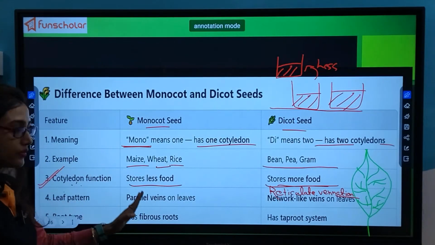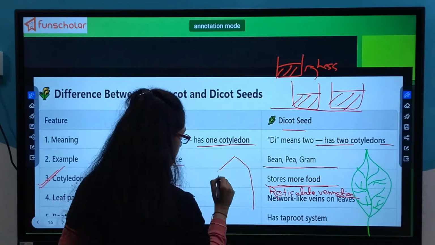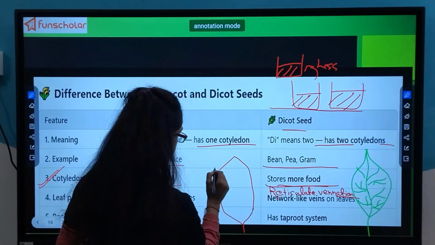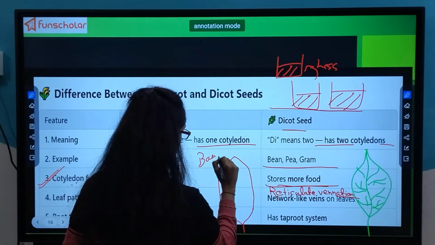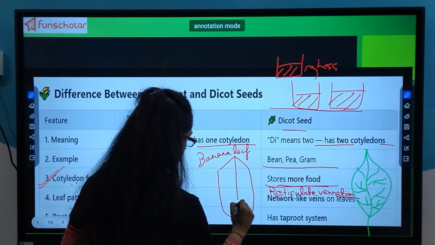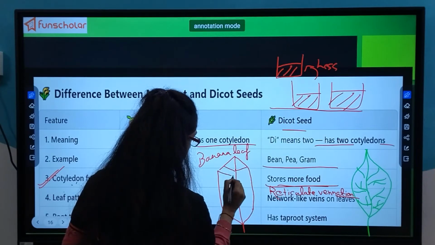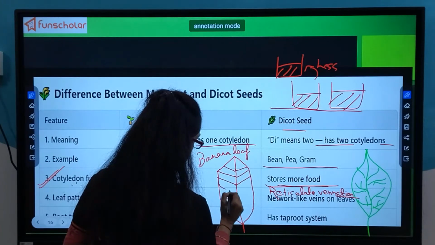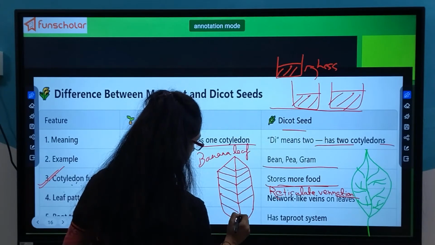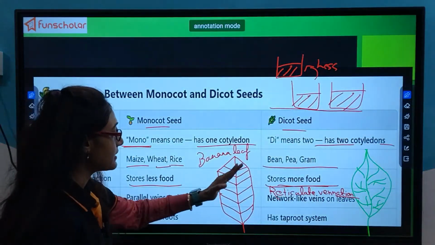But the leaf over here, the best example you can see is the banana leaf. This is known as parallel venation.